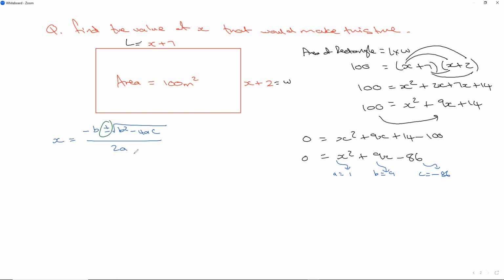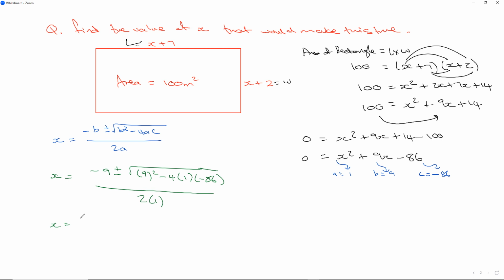The plus or minus would give me two values. Plus gives me one value, minus gives me one value. So if I substitute it in one go, I get negative 9 plus or minus the square root of 9 squared minus 4 times 1 times negative 86, all divided by 2 times 1.